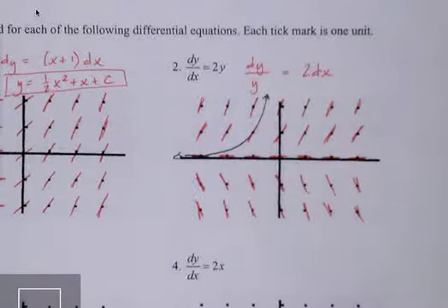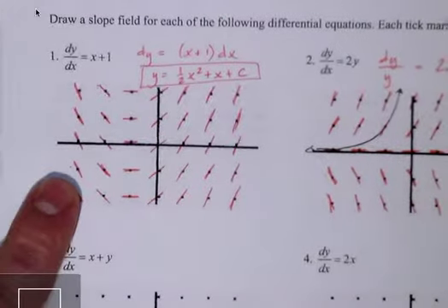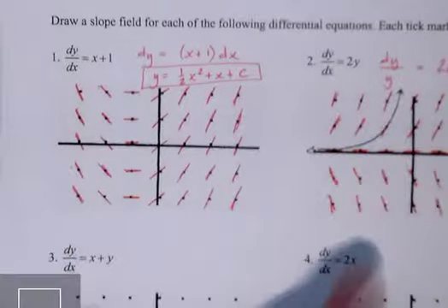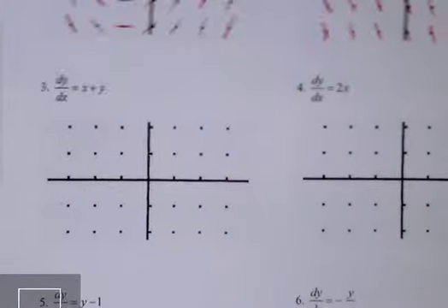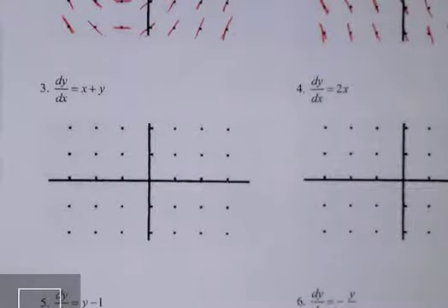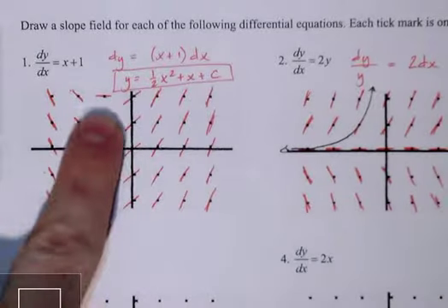Okay? Now, we did one that was wholly dependent upon x. Then we did one that was wholly dependent upon y. Let's go ahead and do one that is dependent upon both x and y. I think this is pretty instructive. Now, notice the first thing that I did on the first one is I did these numbers right here.